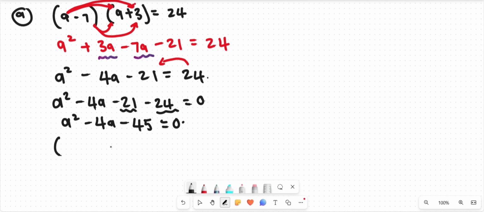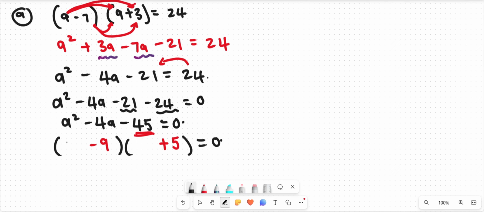Then now that I've gotten there, I just make my two brackets, right? Factors of negative 45 that add to give me a negative 4 will be a negative 9 with a positive 5.